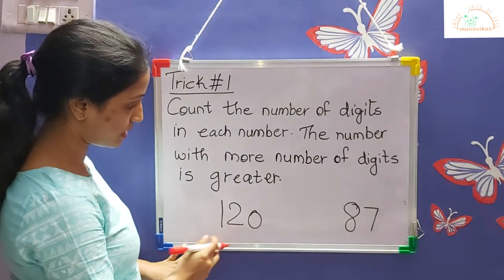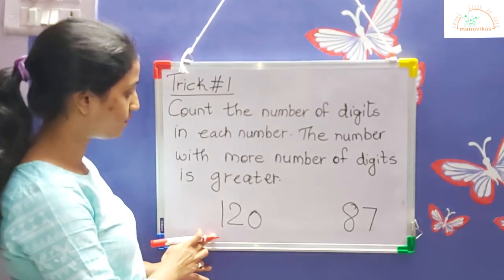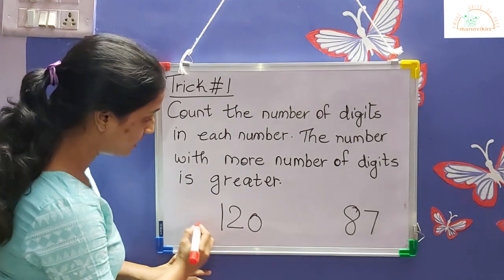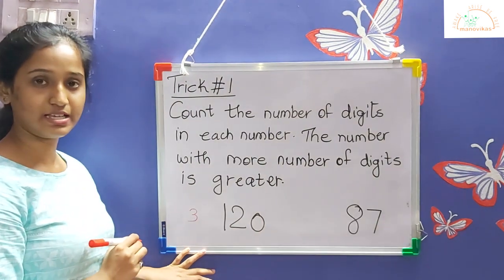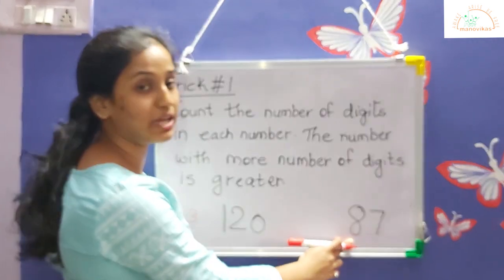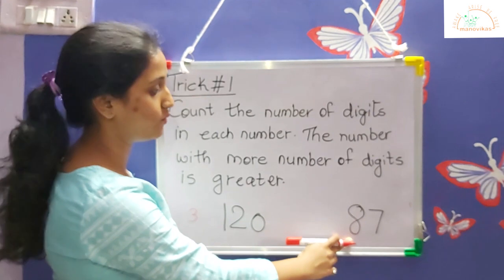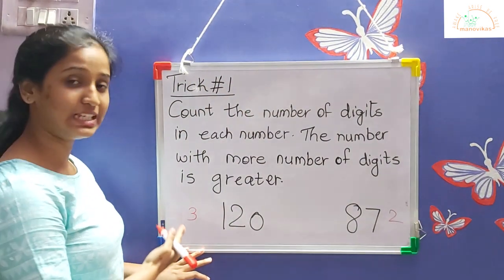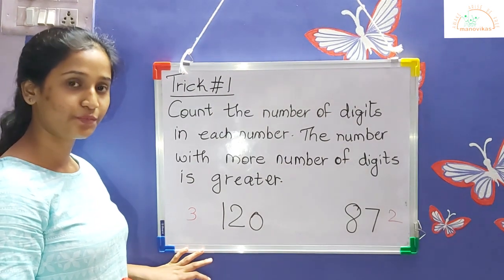So in the first case, we have got here 120. So we have got here 3 digits. Yes? And here we have got number 87. We have got here 2 digits. Now obviously 3 is greater than 2.